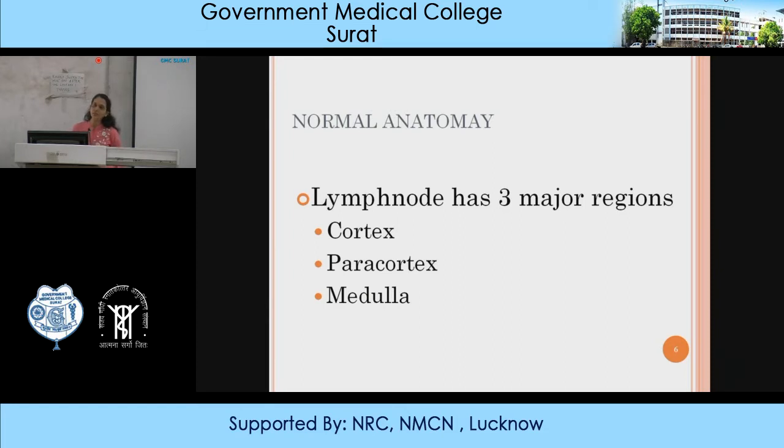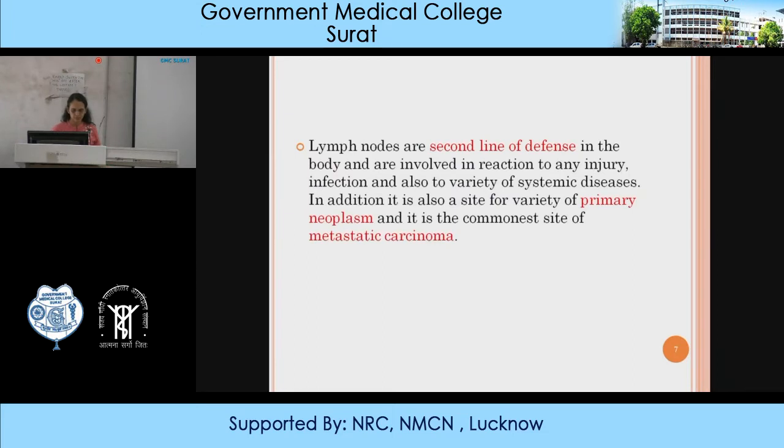Normal anatomy and histology of lymph node. The lymph node has three main structures: cortex, paracortex and medulla. Cortex is the outermost layer just beneath the capsule. It has lymphoid follicles, and the paracortical area is between the cortex and medulla. Medulla is the innermost portion, made up of cords and sinuses.